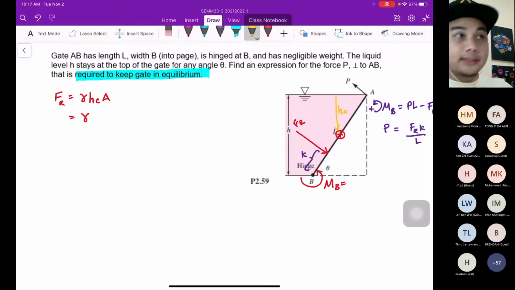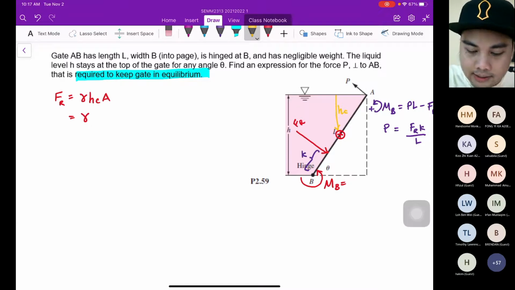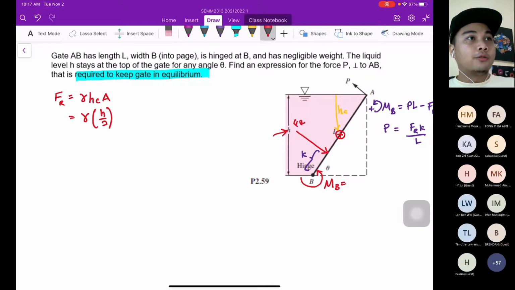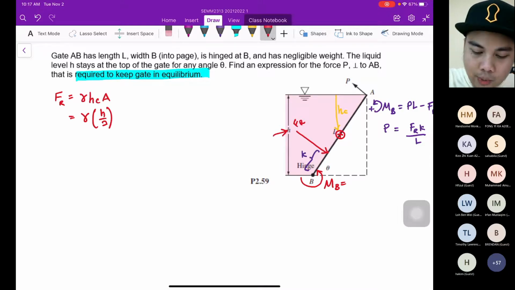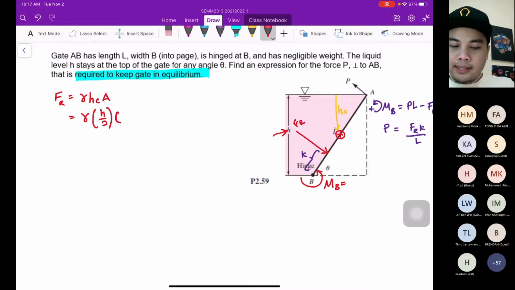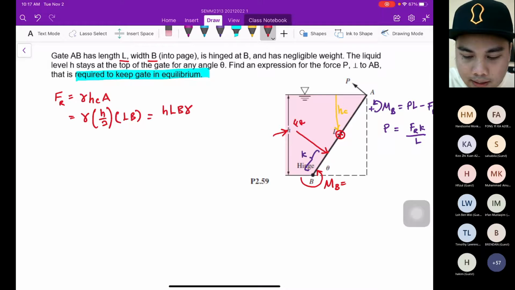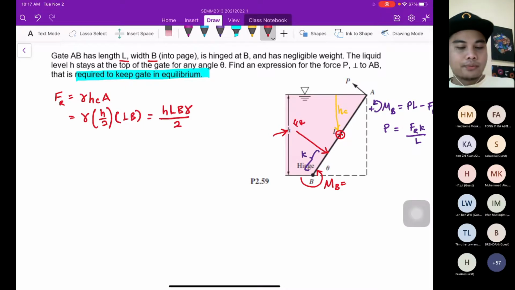To get the HC, definitely it is H over 2, you can see here. Multiply with the area of this gate AB, which is L multiplied by B, LB. And then we get HLB gamma over 2. Now we got the FR.